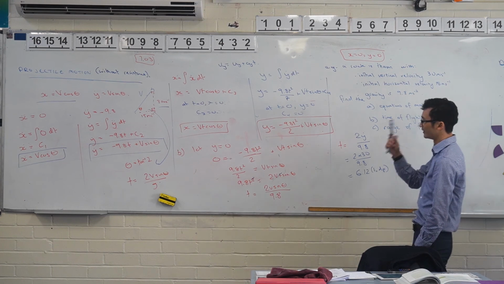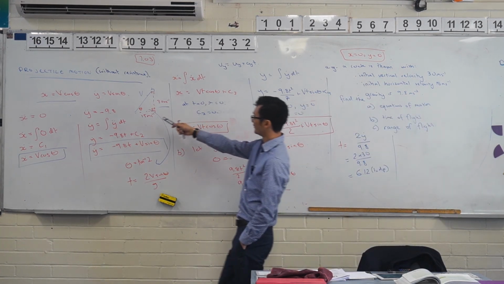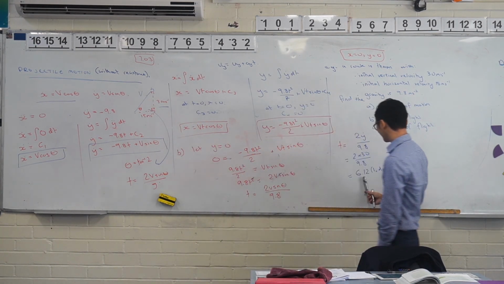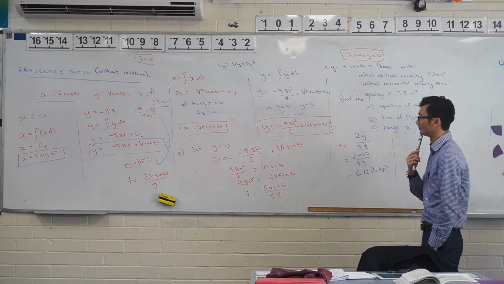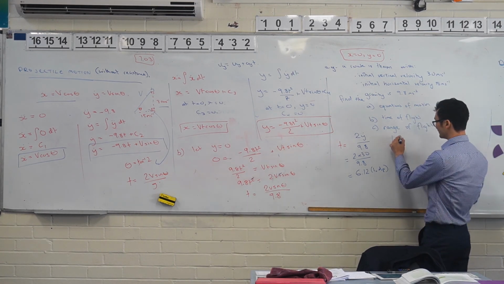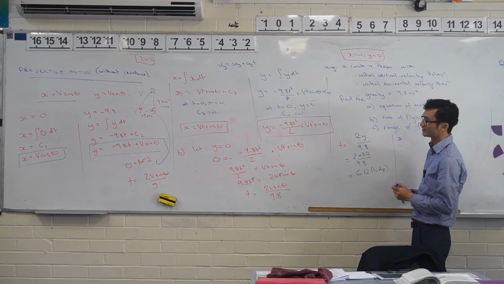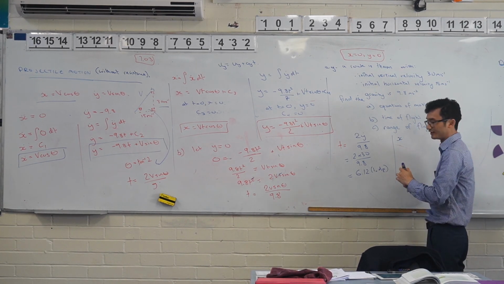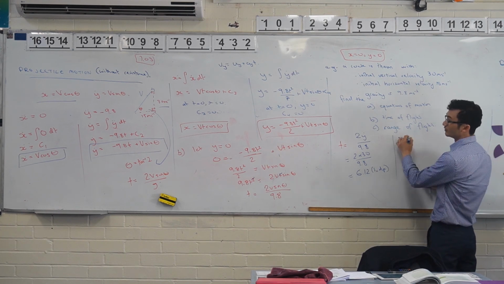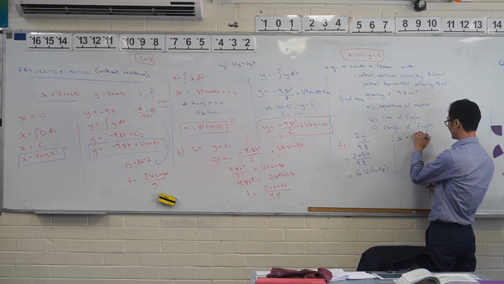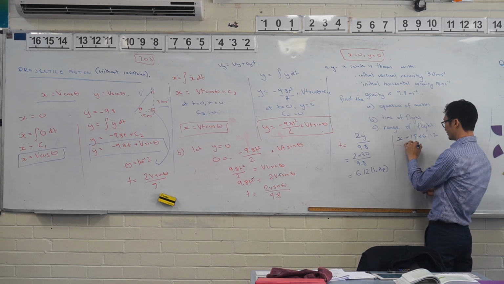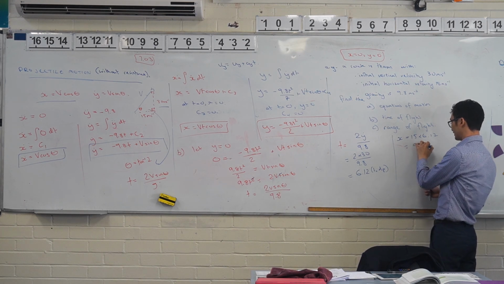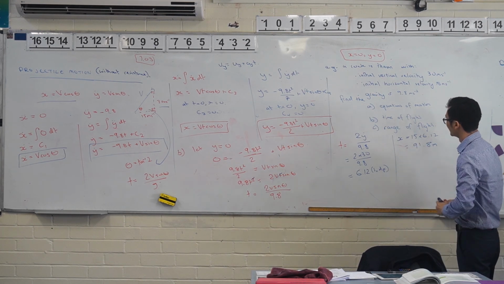So it's how fast it's traveling, 15 meters per second, multiplied by the time of flight, which is how long it's traveling. So x equals 15 meters per second times 6.12 seconds, which is 91.8 meters. Okay, that's range of flight.